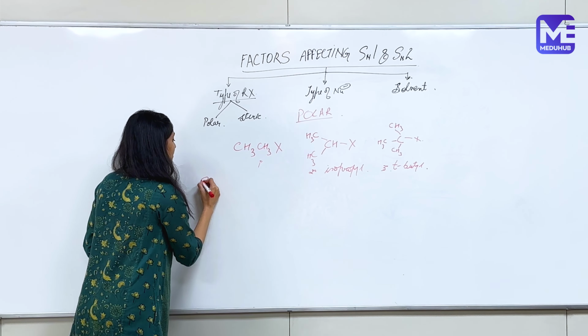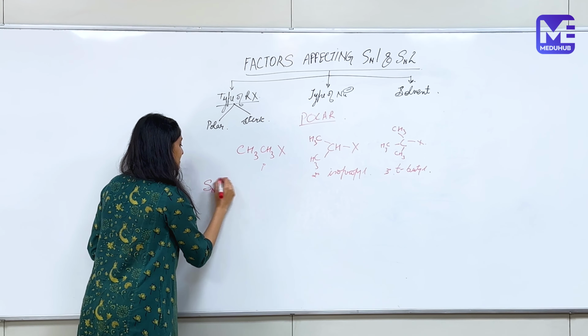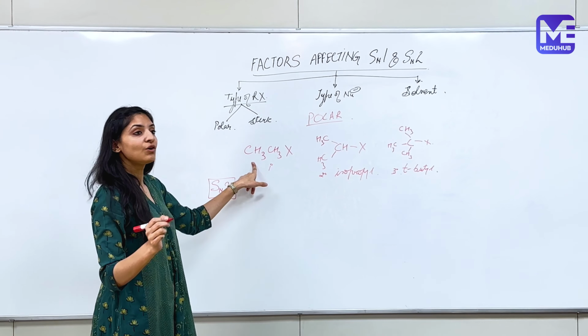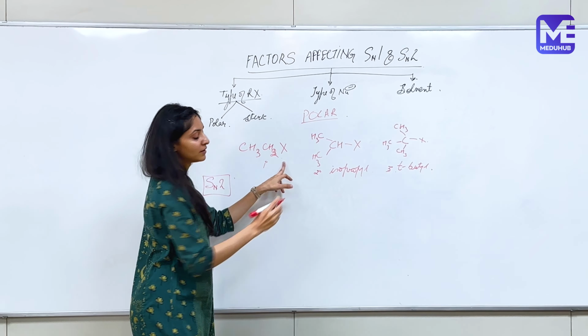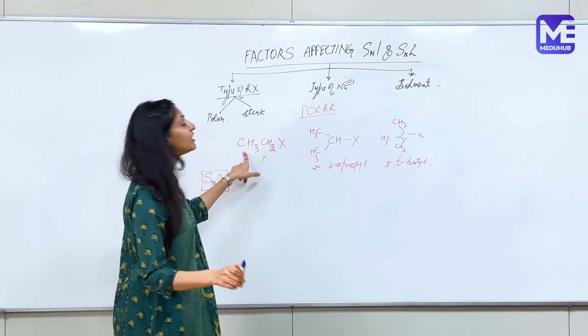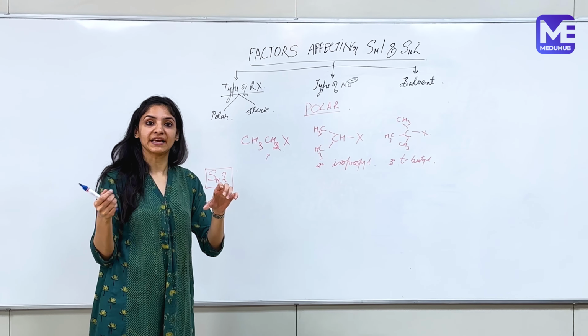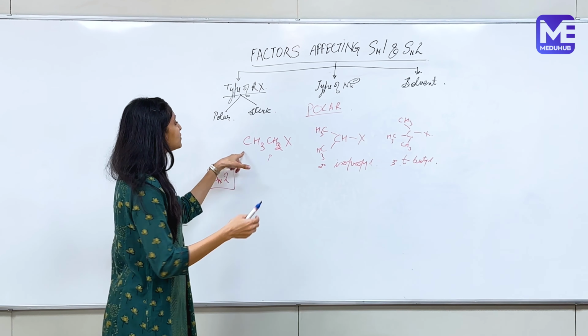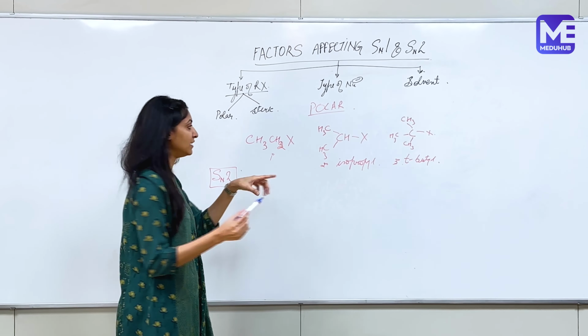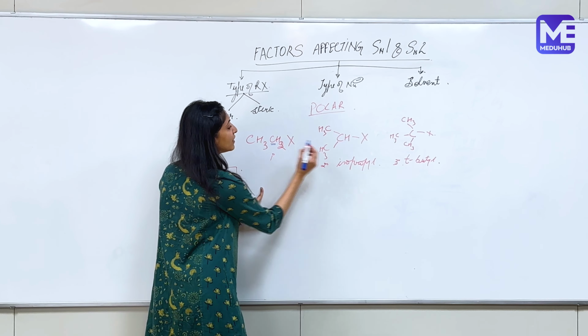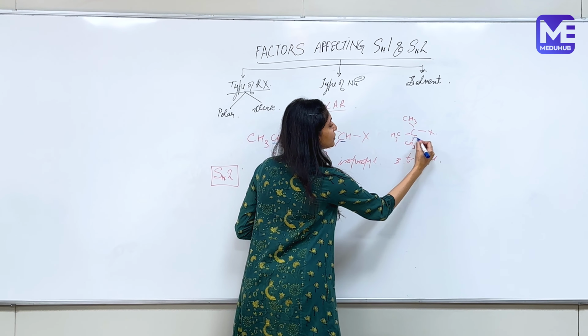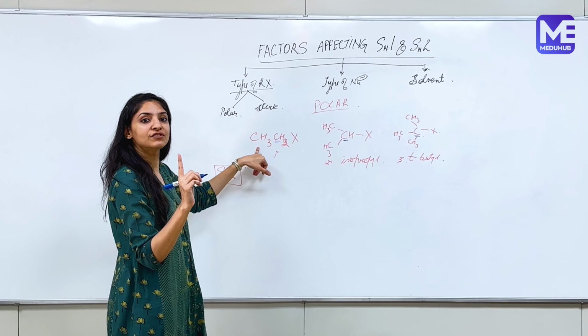Now imagine the Sn2 mechanism is taking place. The CH3 group has a strong plus I effect. This means that it is going to donate its electron density, which will make this alpha carbon electron rich. Here just one CH3 group is there.